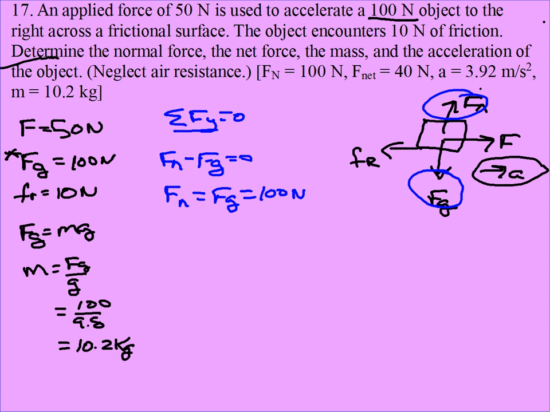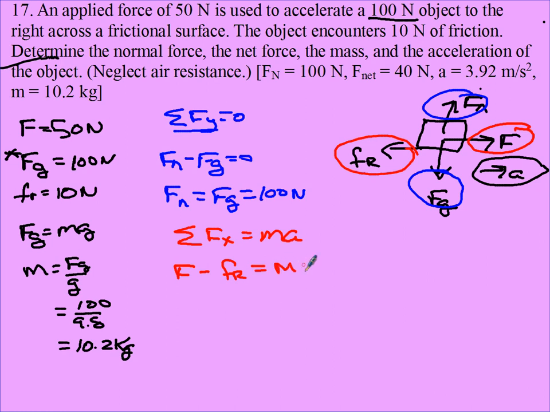Next, I'm going to sum the forces in x. And this equals ma. All right, what forces do I have in x? I have F going to the right, so that's going to be positive. Minus friction going to the left, so that's negative. And this equals mass times acceleration.